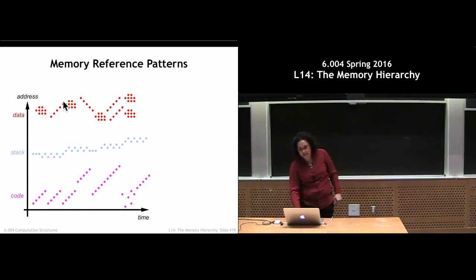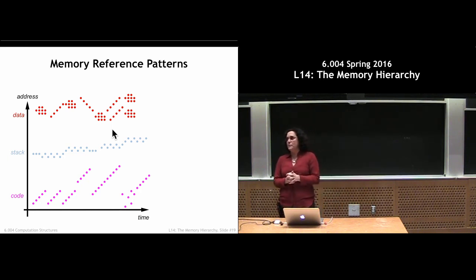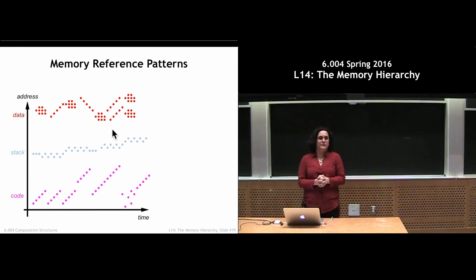And so you'll see this type of behavior when you access an array. Something like this could be, let's say, I'm copying an array from one location to another, but once again, the point is that in our data as well, we also see this type of behavior where you exhibit locality, okay?